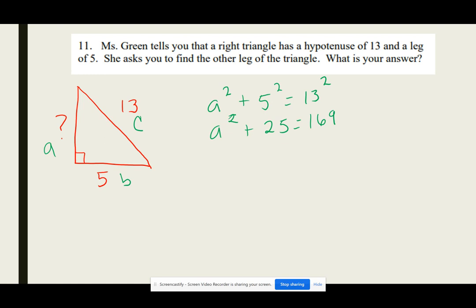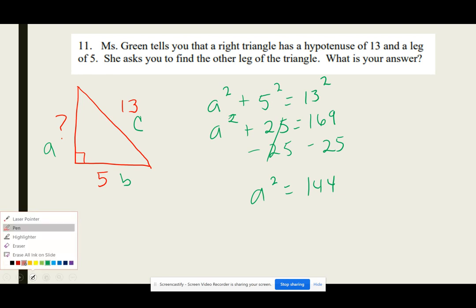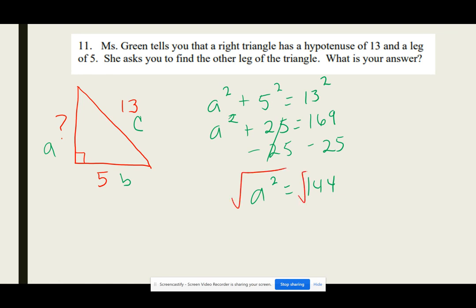All right. So in this case, we have to subtract 25 from both sides. So we have A squared equals 144. And that very last step is to go ahead and take the square root. So A equals 12.